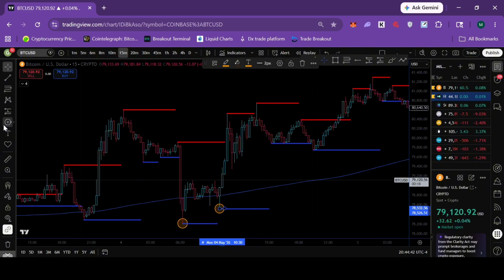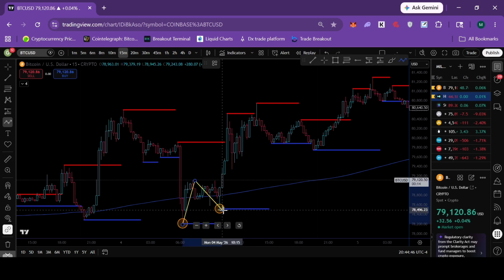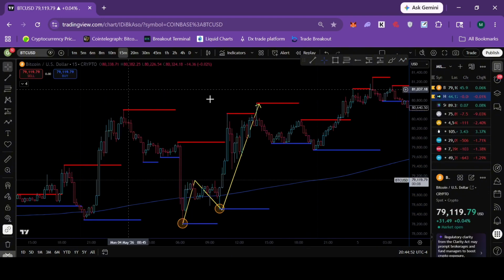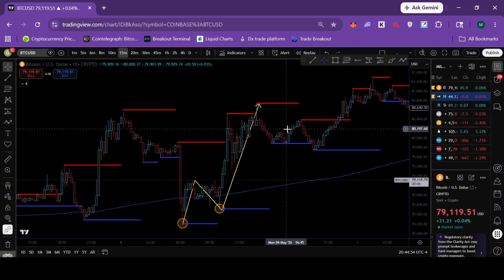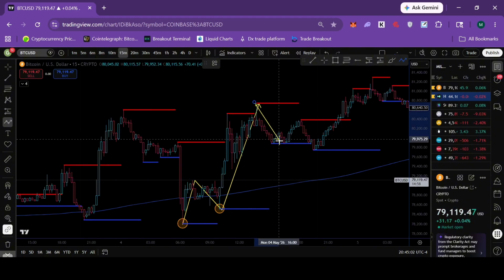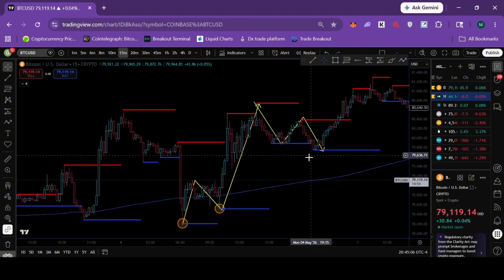So we see from this point, we have our 1, 2, 3. But eventually, what? It eventually breaks. It eventually breaks right here where we see 1, 2, 3 going down to the downside, where it creates this lower low.